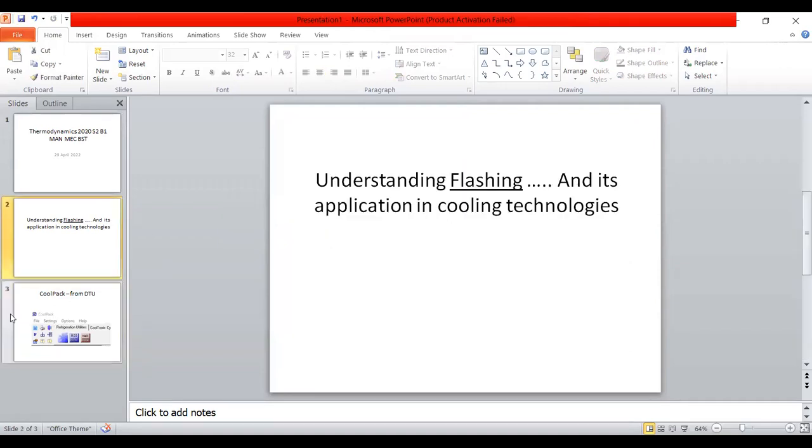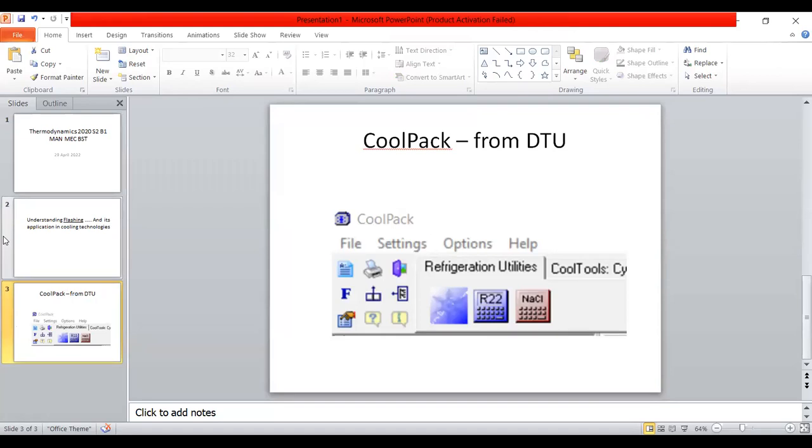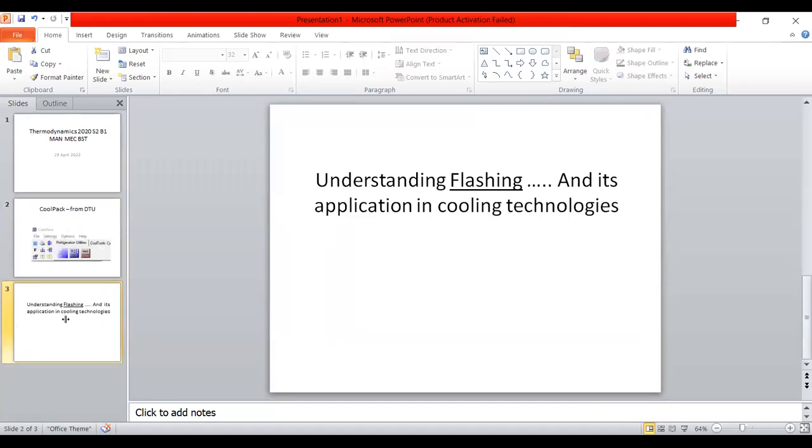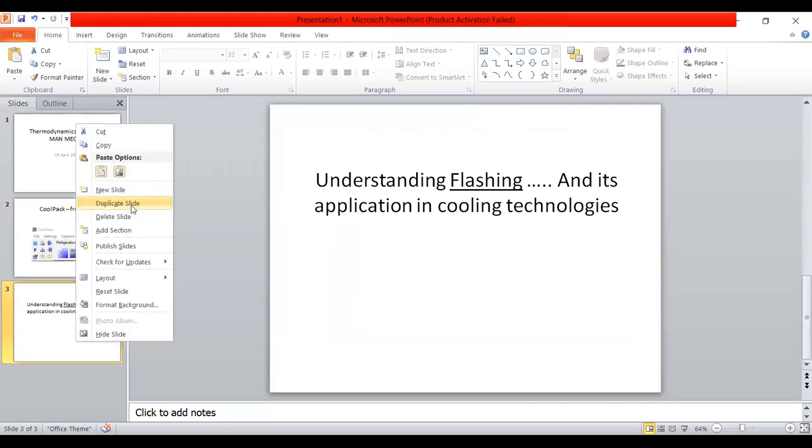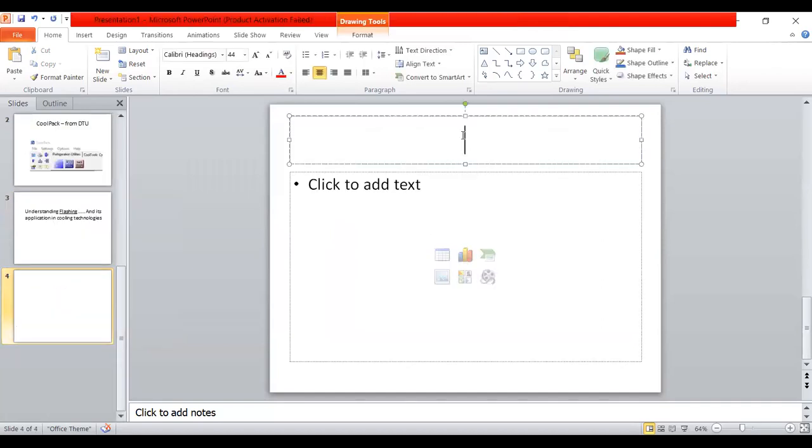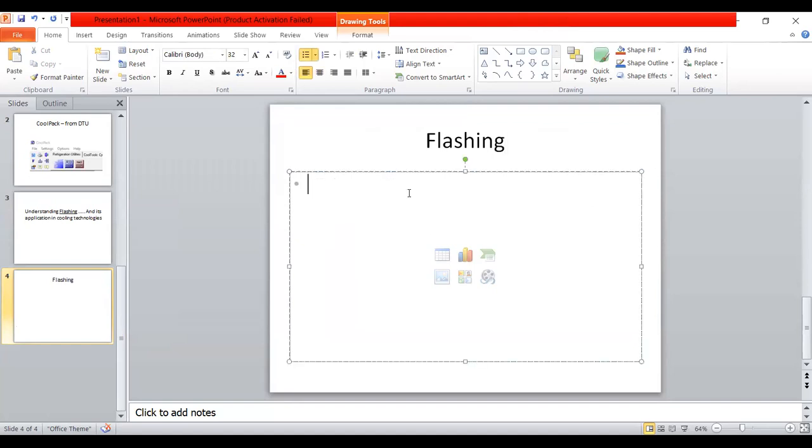So let's go back to flashing. Flashing is connected with liquid.